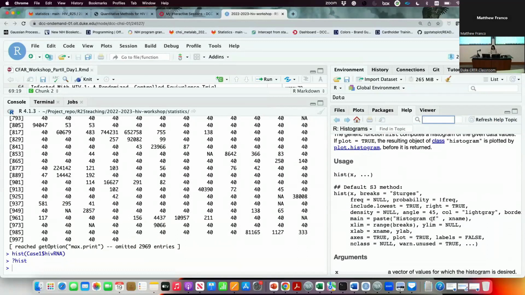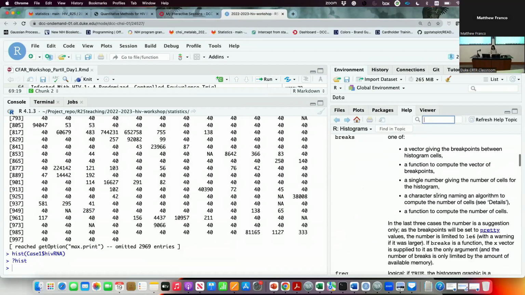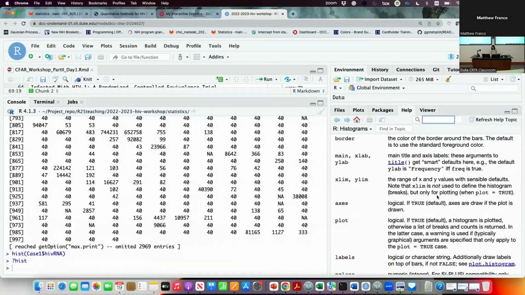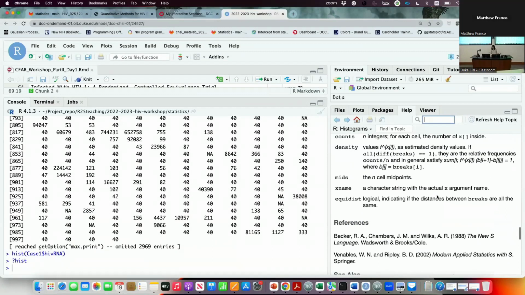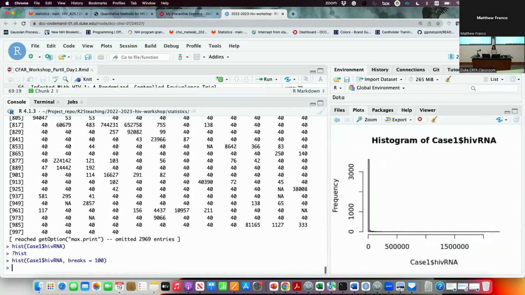Where's the breaks? Can I say 10 or something? Okay, so here use breaks. Breaks equals 12, and you can change that. Let's say histogram of this, and breaks equals 100.